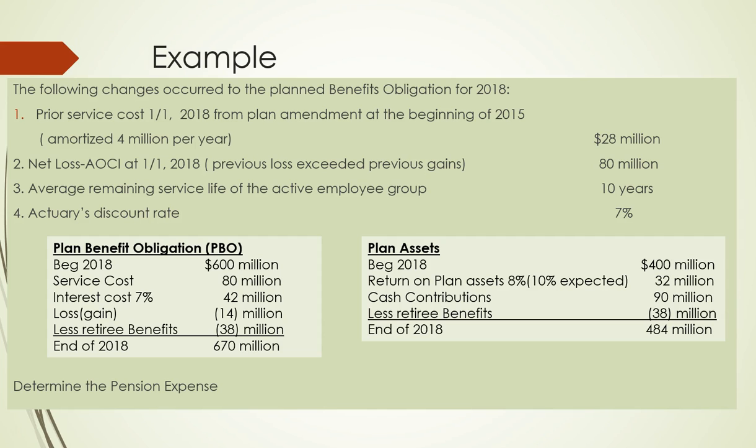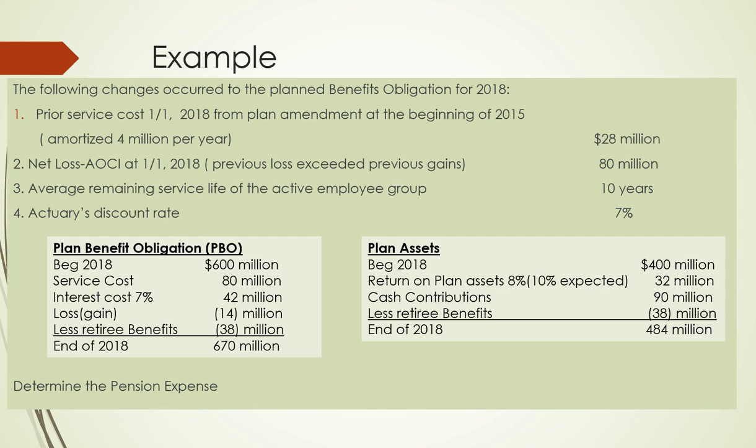Then we have a net loss in accumulated other comprehensive income at 1/1. These are previous losses which currently exceed our gains because it's a net amount, and we have an $80 million accumulated loss. Then we have average remaining service life of the active employee group, which is 10 years, and then we have the actuary's discount rate of 7%.